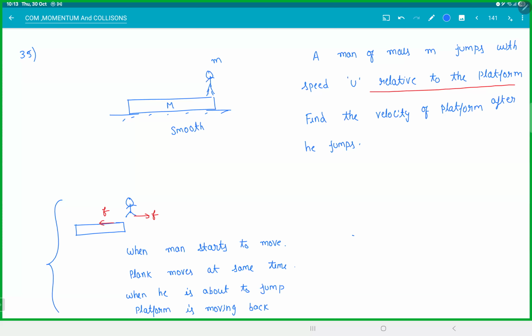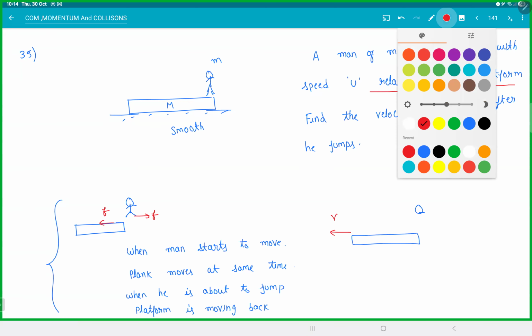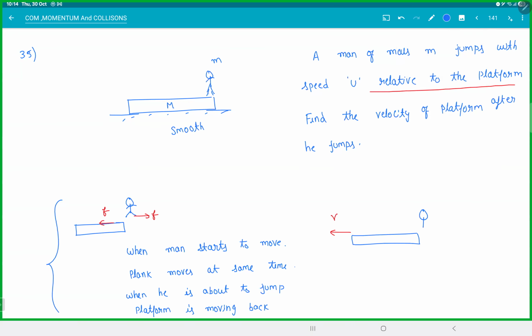That means when this guy is jumping, let's say the platform is actually going back with v. Look at his leg. When you're about to lose contact, your leg is also going back with v, and you're jumping with u. So you're actually jumping with u minus v.